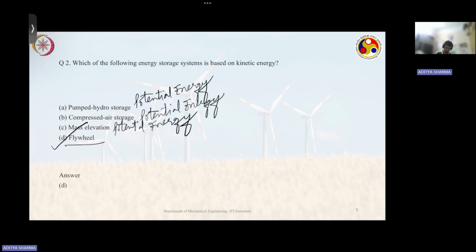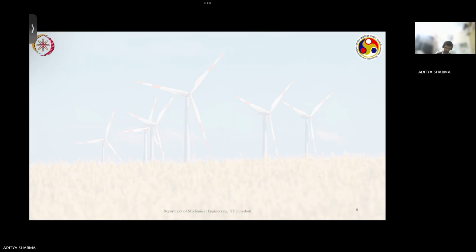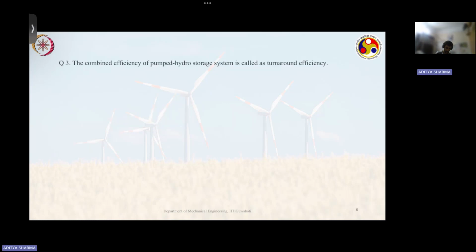I hope this is clear. Then we move on to next question. So I have told you what turnaround efficiency is. So here combined efficiency of your pumped hydro storage system is turnaround efficiency. Whether this is correct statement or not.